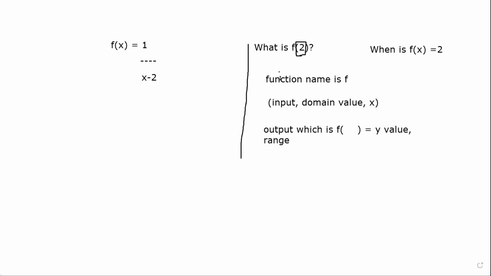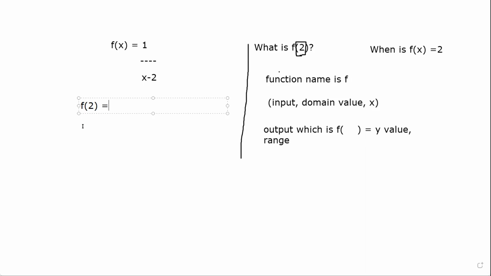So if I ask you for f of 2, where am I going to put the 2? How am I going to find the answer to this? Oh, it's your input, right?